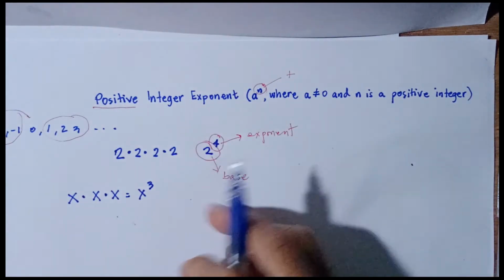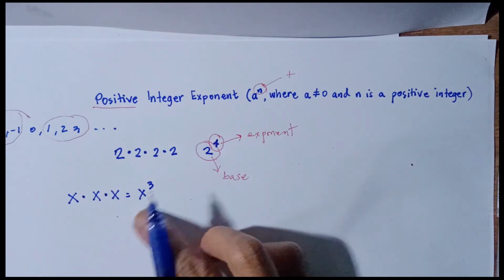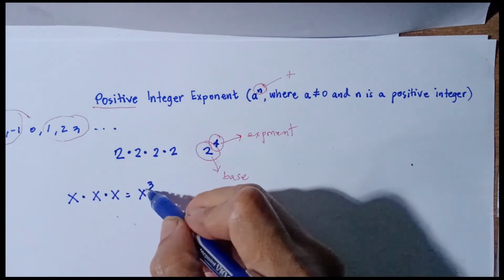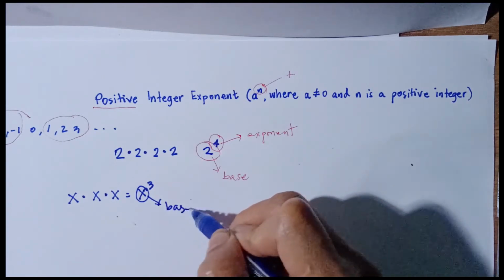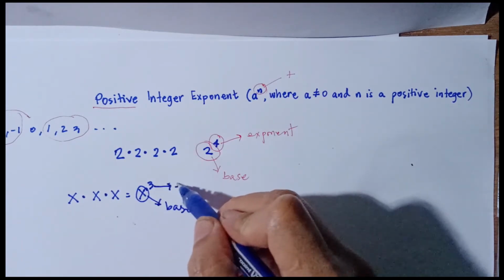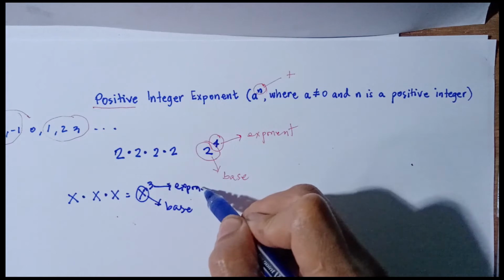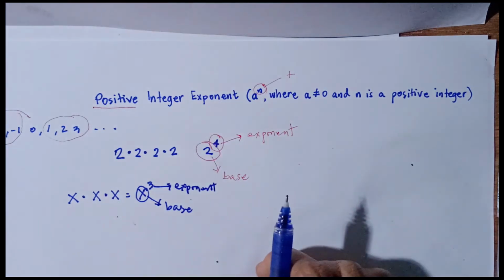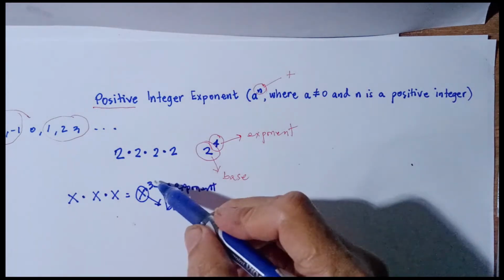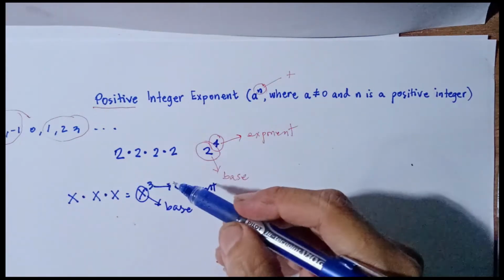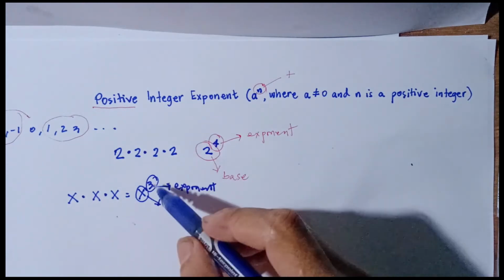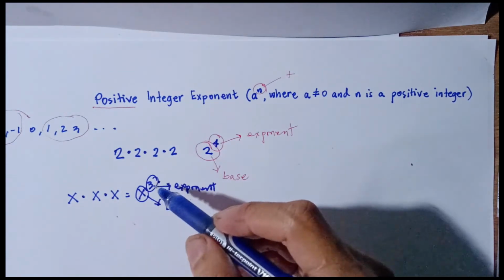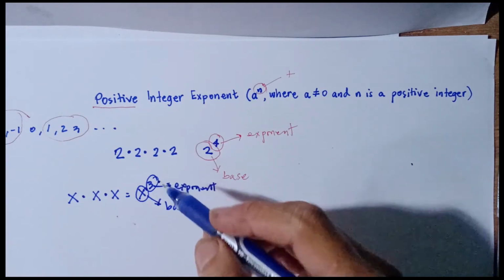The variable x is the base, and 3 is our exponent. The exponent tells us how many times the base is used as a factor.